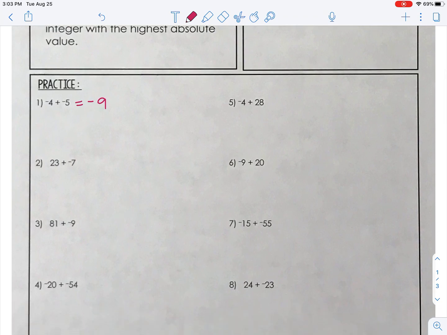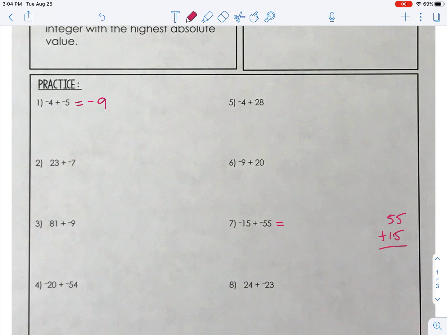Okay, so let's find another one where both numbers are negative. The next problem I see where both numbers are negative is number 7. When the signs are the same, remember we add. So this time you might need to show a little scratch work here.